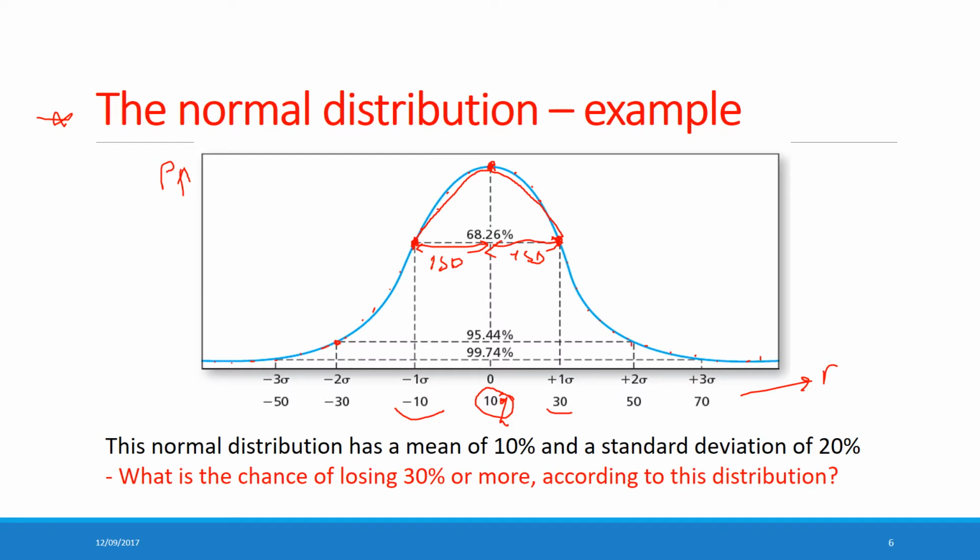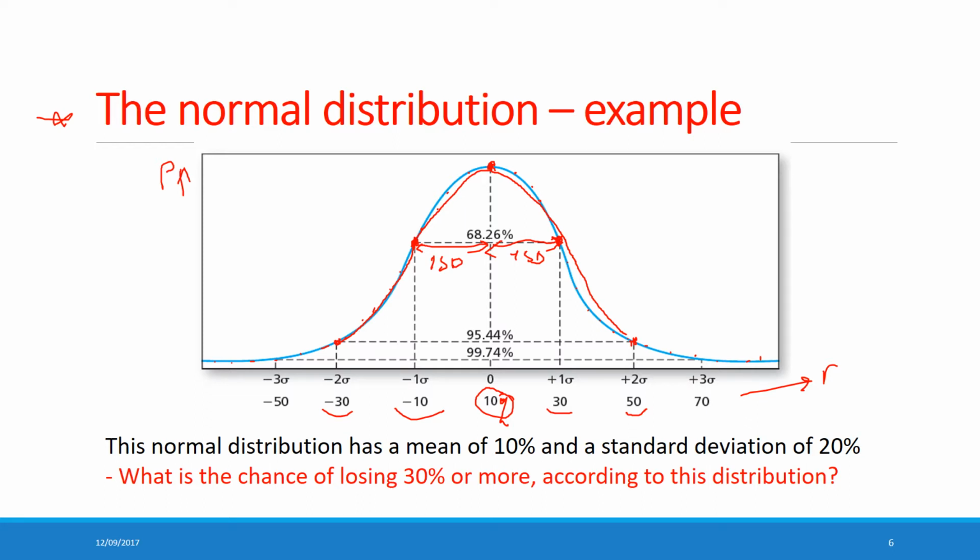If we are looking at two standard deviations away from the mean, then we would expect 95.44% of the time, our returns would be somewhere from minus 30 to positive 50%, right?